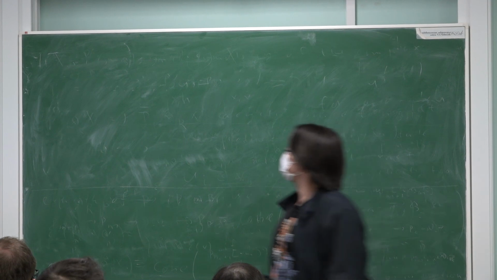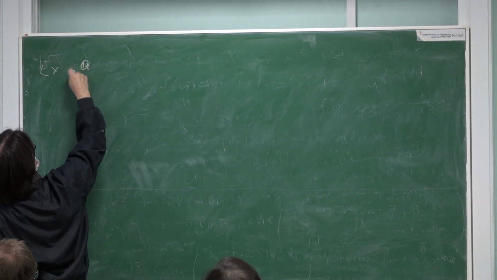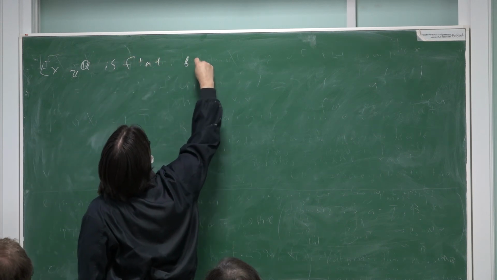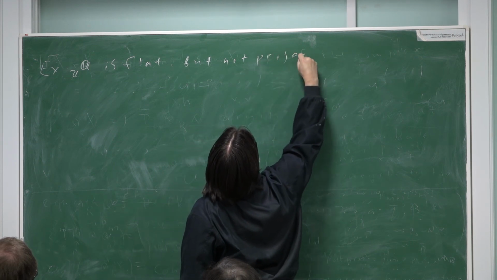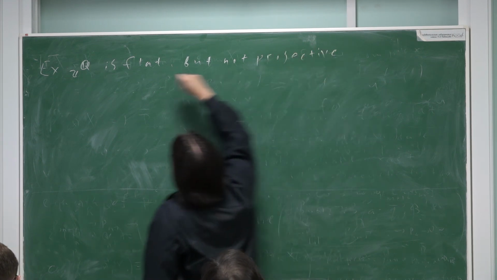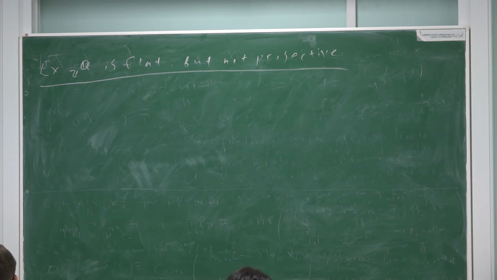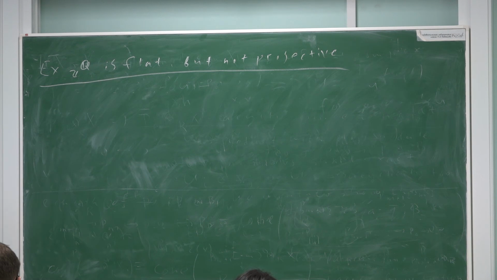For example, Q over Z is flat but not projective. But this will follow from the fact that we are going to prove, and now we will start probably, while it will take some time.